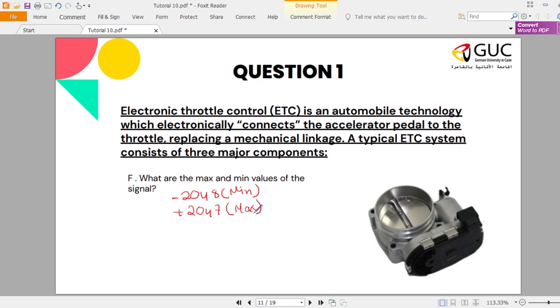In this question, as we mentioned before, it says, what are the maximum and minimum values of the signal? From question D, we already calculated the values in the negative range and in the positive range, the total values. But what values would I be reading?